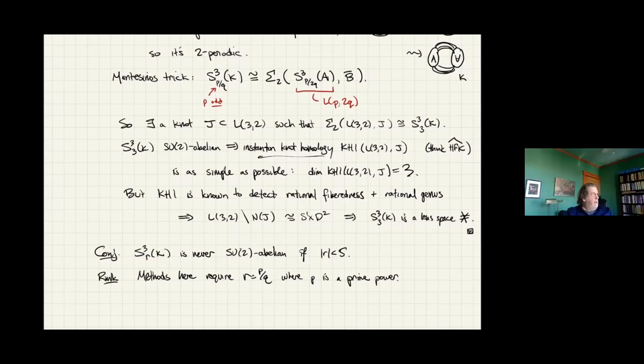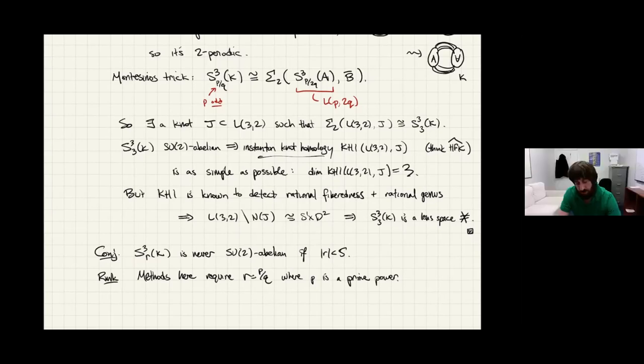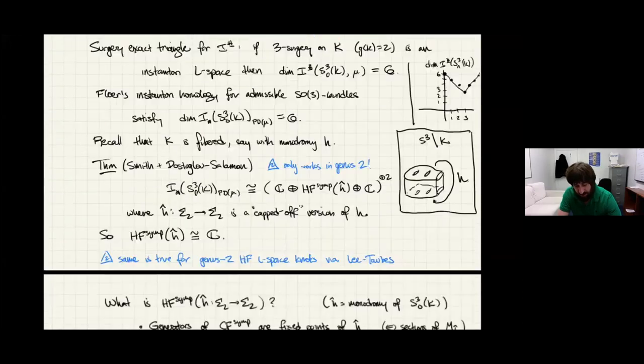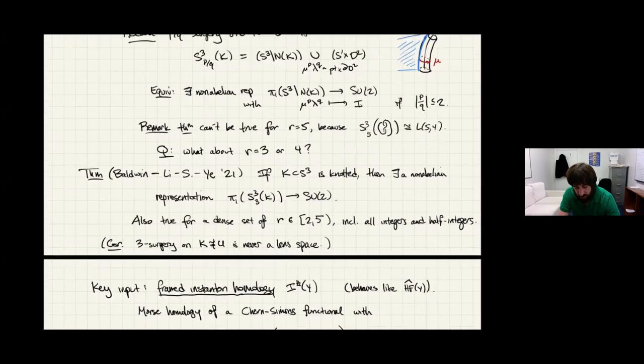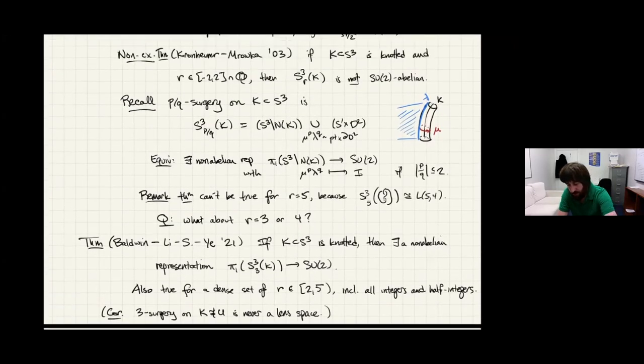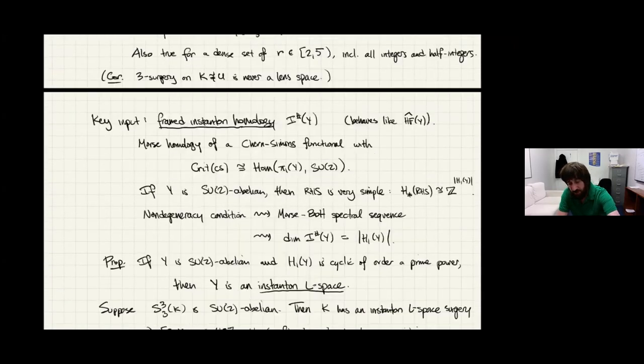Do you expect that the trefoil is the only knot for which R equal 5 is SU2 abelian? Yeah, I do. If I go back up to the top, there was this conjecture that the only genus 2 L space knot is T(2,5).